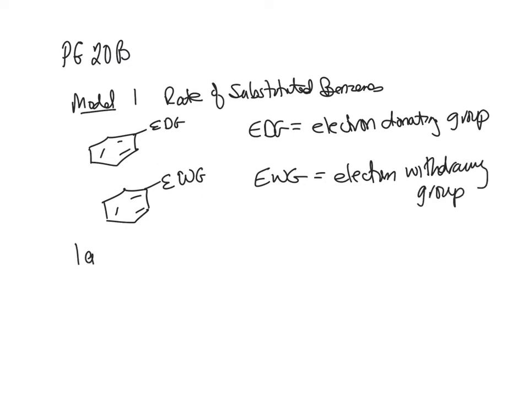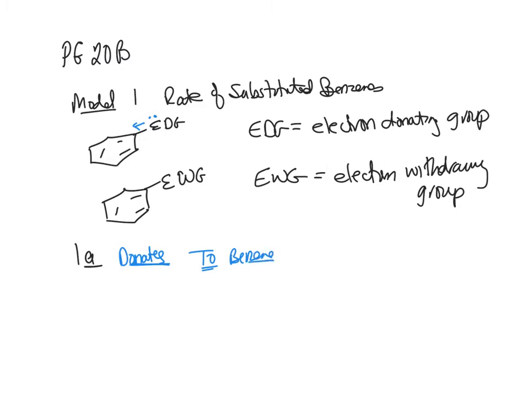So 1A. Based on the information shown in Model 1, an electron donating group, did you circle donates electrons? So it's going to donate electrons. So you could put a lone pair here, and those electrons are going to be donated to the benzene ring.